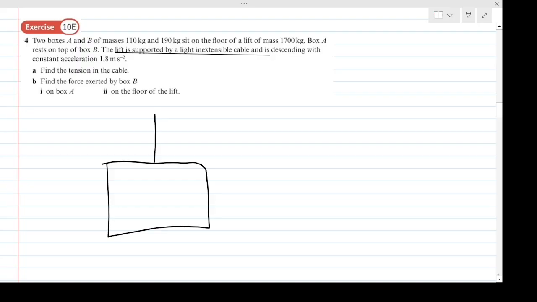Now we've got A and B, so again, pretty identical to the last question. We have B and A sitting on top of it, right? So this is A. The mass of A is 110 and the mass of B is 190. Now the tension is going to oppose all that weight, so it's going to go up.